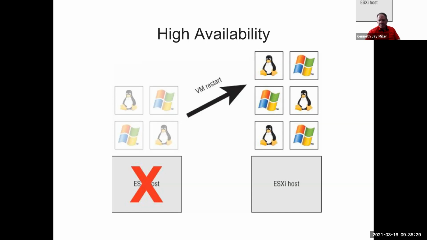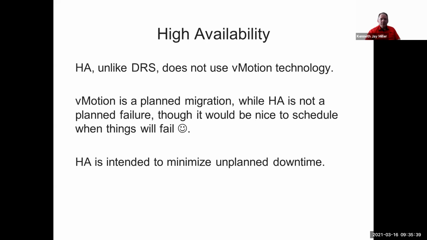There is a small amount of downtime while these are in transit, moving across the network, okay? High availability, unlike the distributed resource scheduler, does not use vMotion. Because remember, vMotion is planned. We move these, while high availability is not planned.